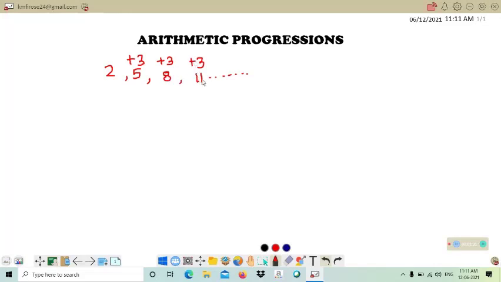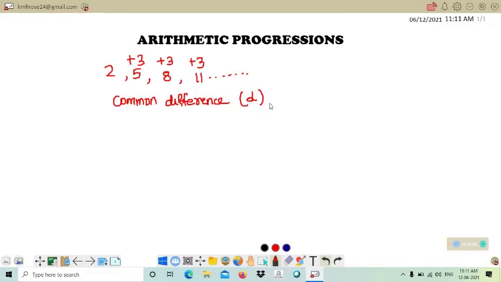Again 3, 11, etc. So by adding the same fixed number to each term, we are getting a sequence. This sequence is called arithmetic progression, and that fixed number is called common difference, and the letter we are using for that is d.